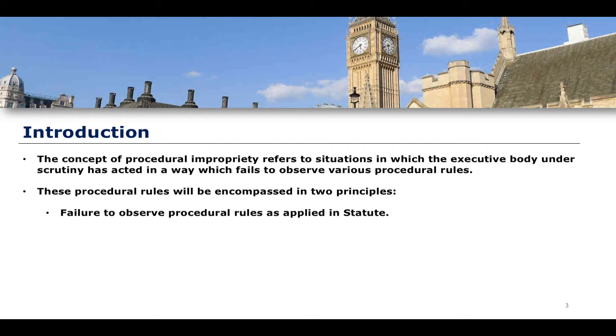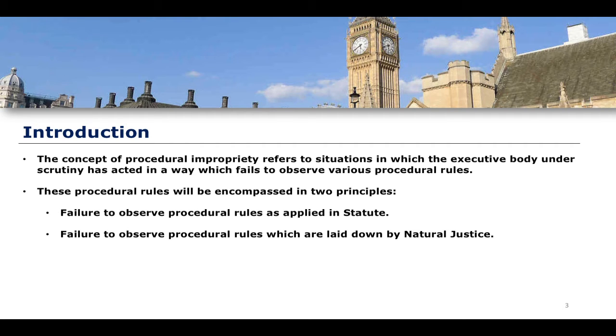Failure to observe the procedural rules which are applied in statute. So obviously, a lot of local government or executive bodies have their authority derived from statute, and a lot of statute will ensure that there is the application of various different procedural rules, and these would be enshrined within the statute itself.